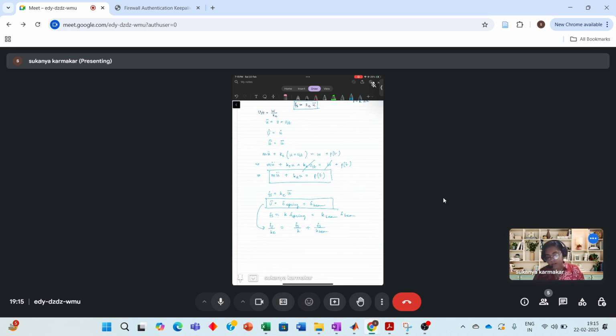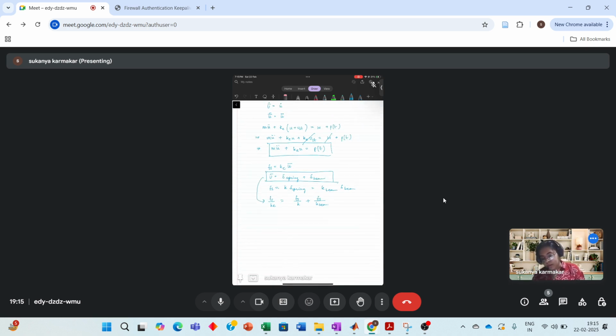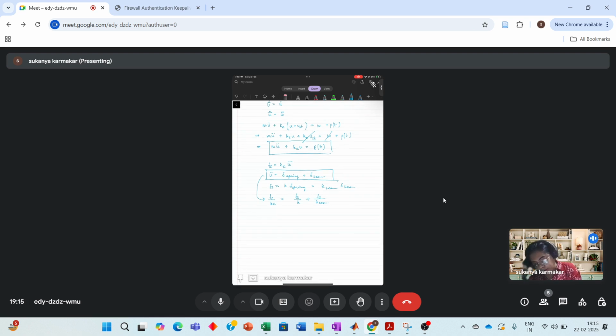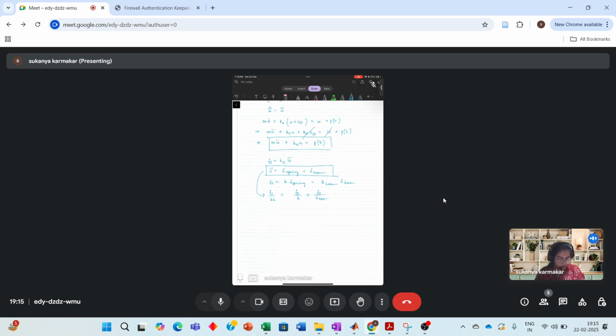That is, it's in series. So from here you can figure out what is the value of Ke. I'll just write down the expression directly. Ke is equal to K into K beam by K plus K beam.